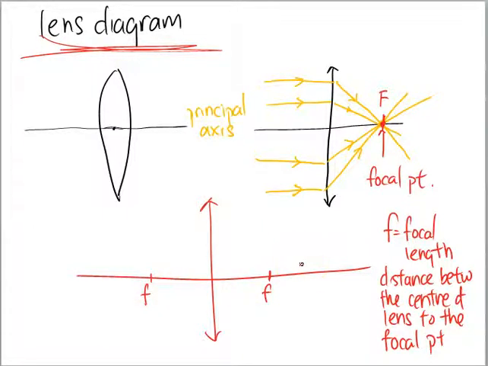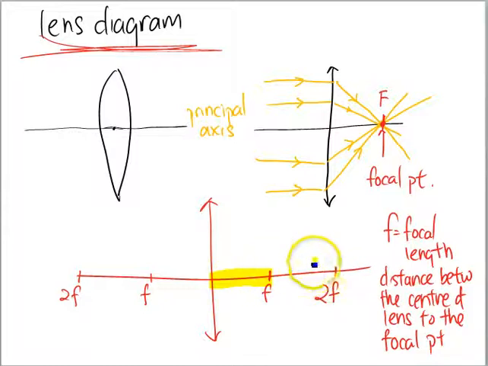So normally you insert the lens, the principal axis, the focal length, and we'll tend to have one more, which is double the focal length, 2f. So if this is f, from the lens to here is f, 2f just means double the distance.